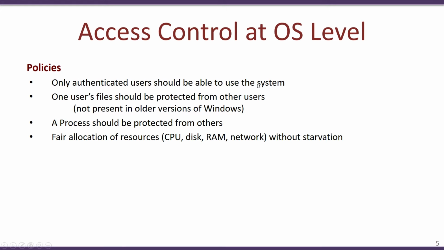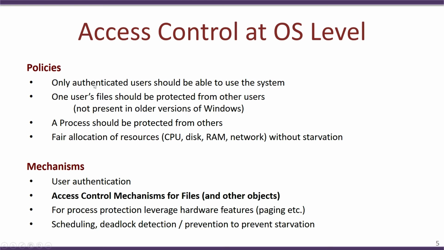In order to implement this, we have mechanisms such as login and password checking, and only if users have a valid password would they be able to access the system. This policy is achieved by user authentication.